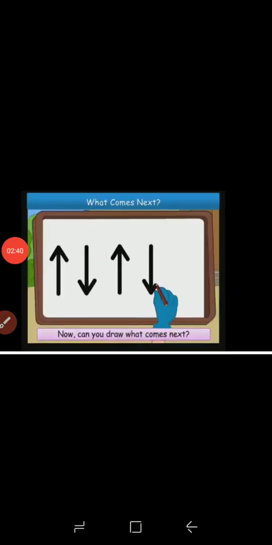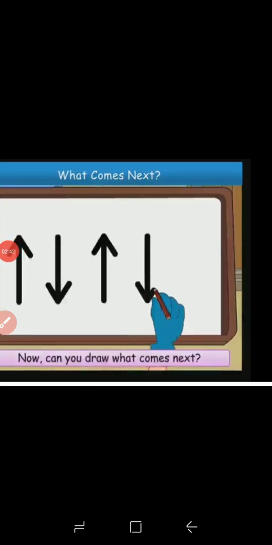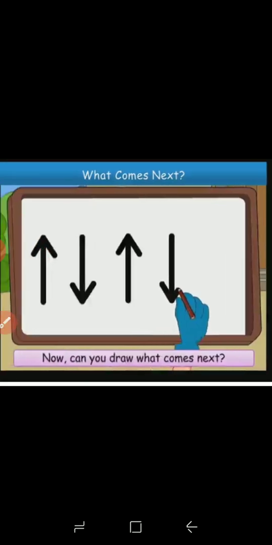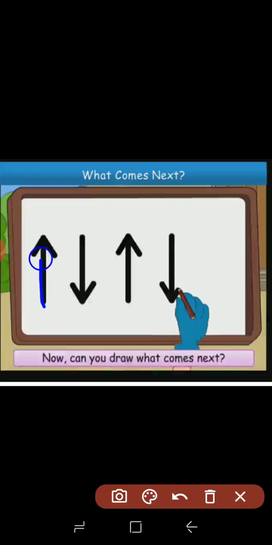Then look at this picture. Can you draw what comes next? Yes, there is one up arrow, then a down arrow, then again an up arrow, then again a down arrow. Now what comes next?